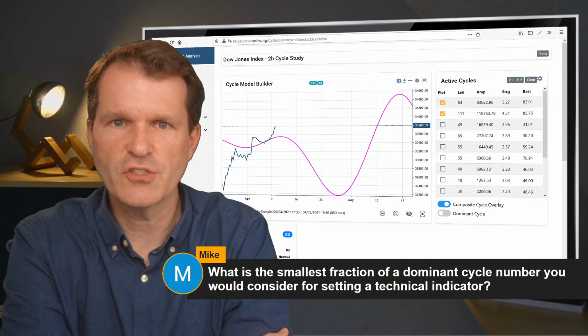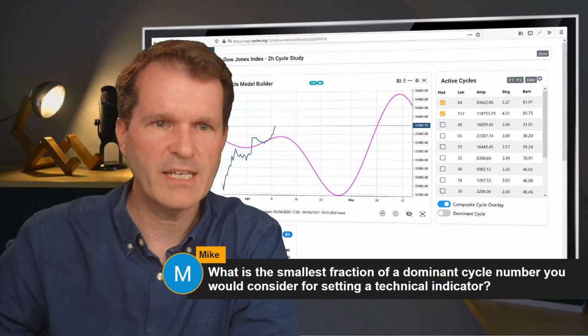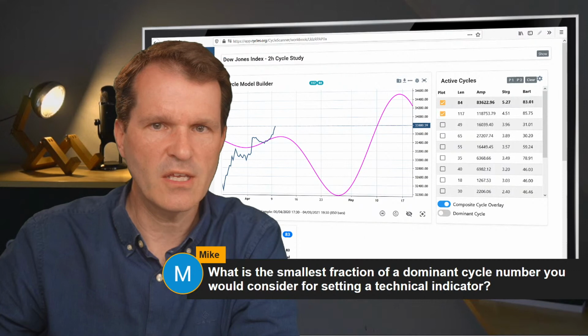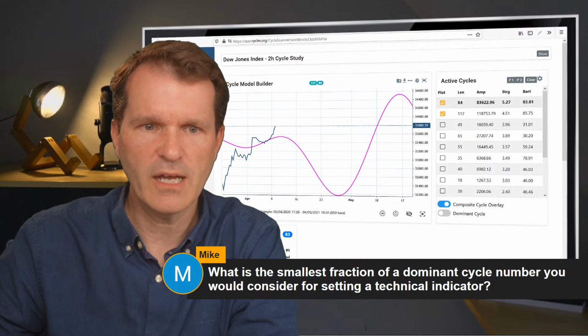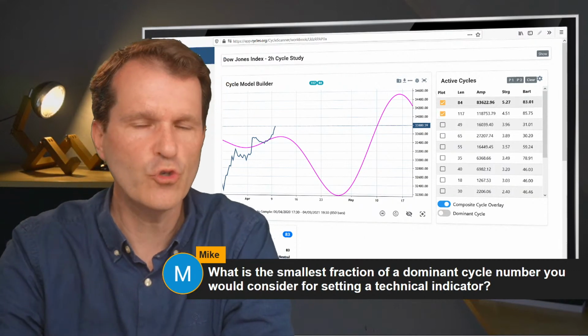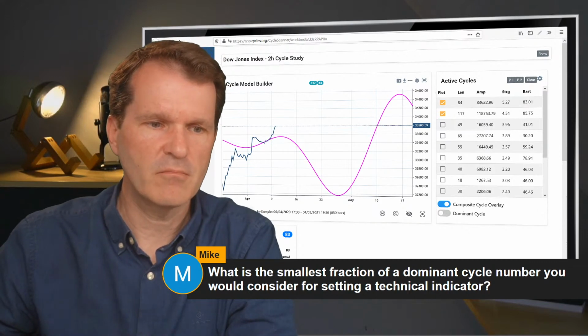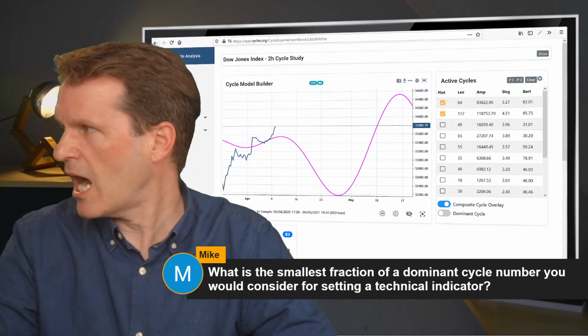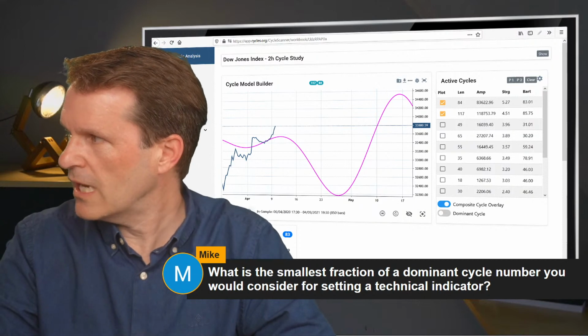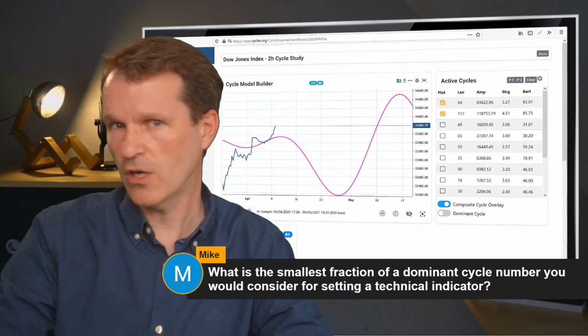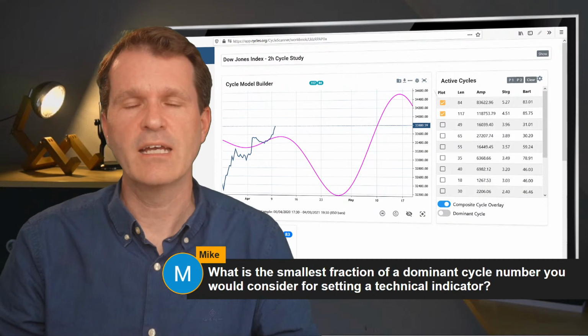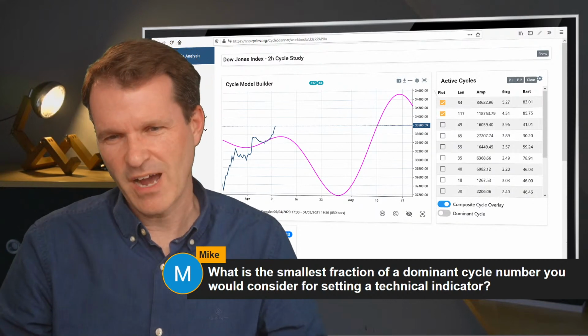The smallest fraction. In this case, I said use the 84 and use the harmonic of 2. The smallest fraction, I would never go below a harmonic of 3 or 4. So don't go lower than that. That's the key advice.